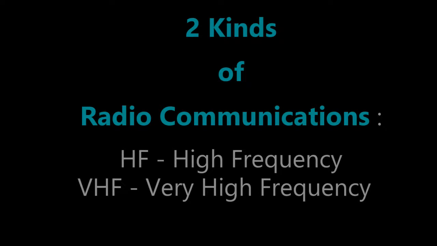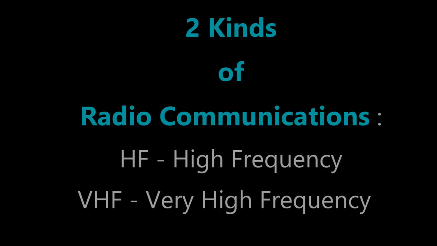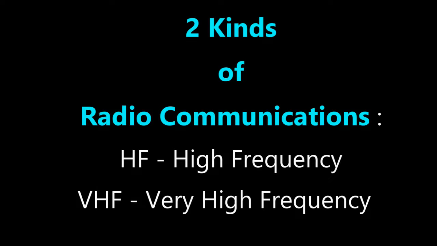Bottom line is, your high frequency system is used for long range voice communications, and your very high frequency, your shorter waves, is used for short range voice communications. So high frequency is for long range, and very high frequency is for short range.